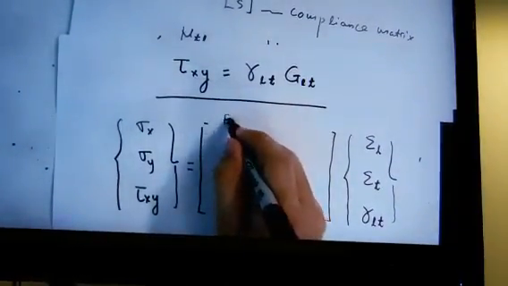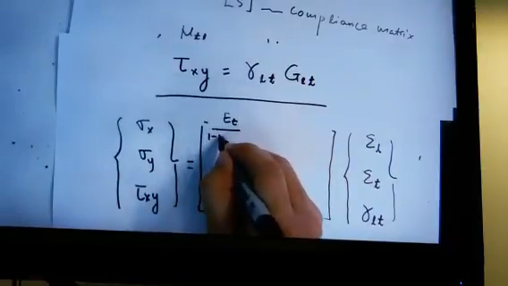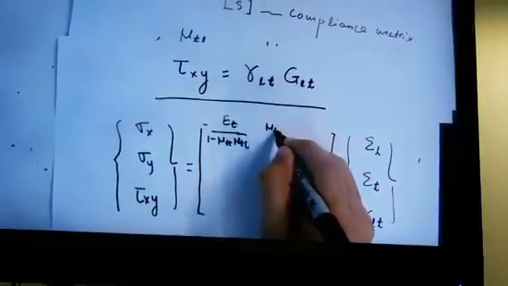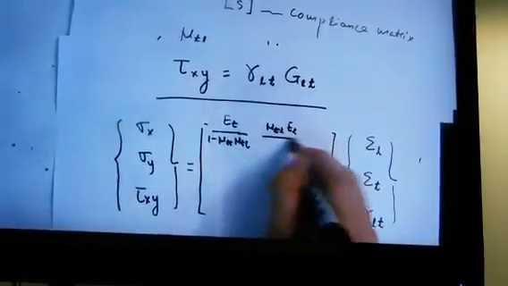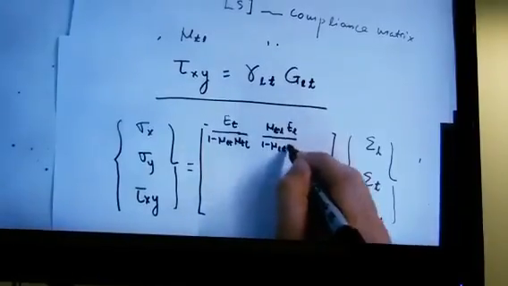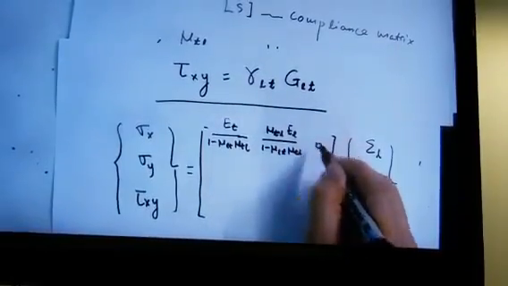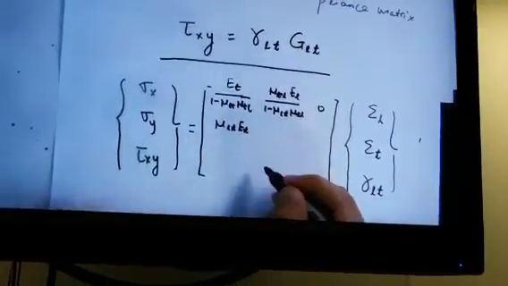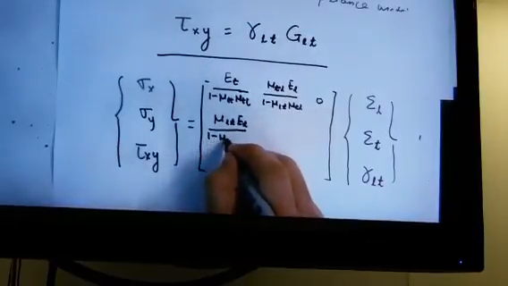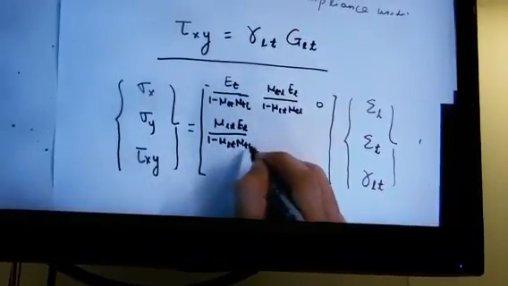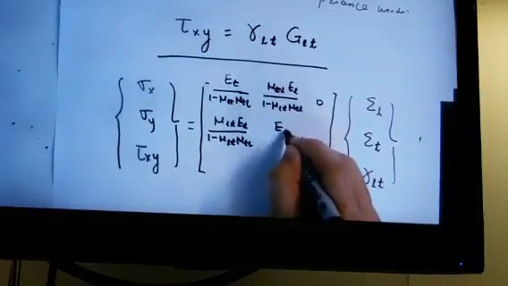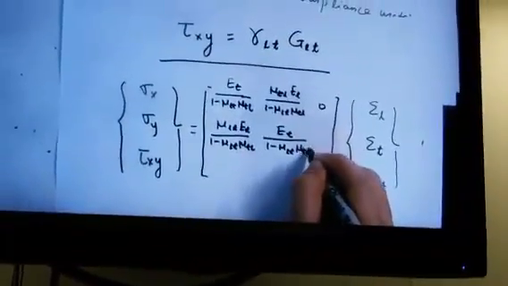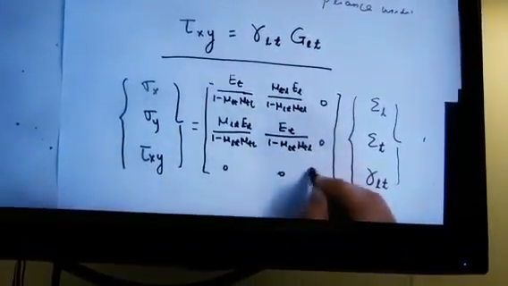The first term is EL over 1 minus mu LT mu TL. This term is mu TL EL over 1 minus mu LT mu TL, 0, and this one is mu LT ET over 1 minus mu LT mu TL. This one is ET over 1 minus mu LT mu TL, 0, 0, 0, GLT.